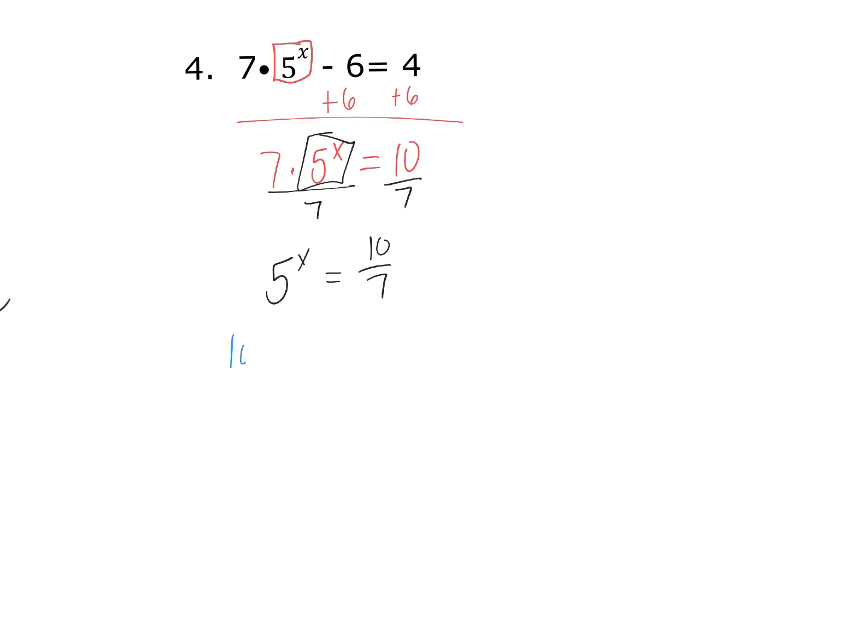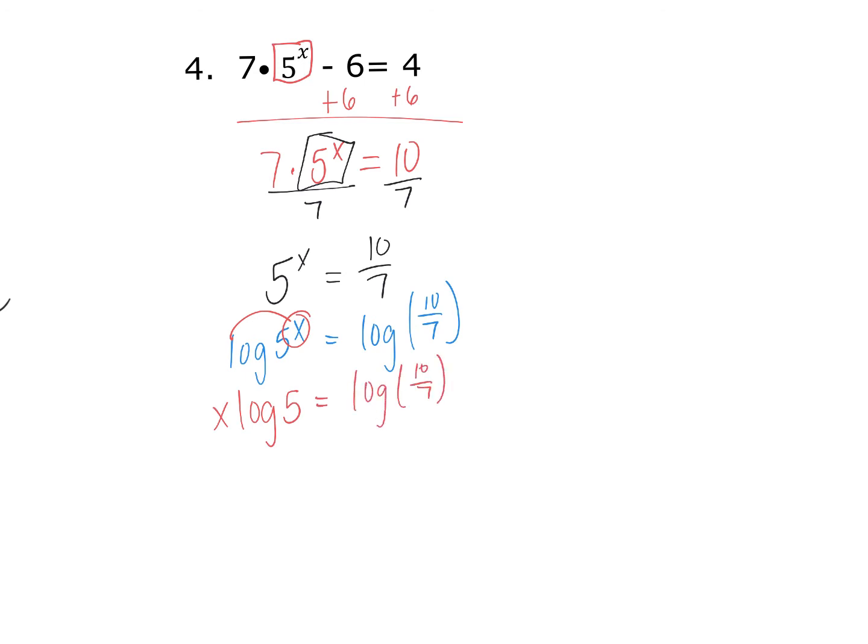So I can take the log of both sides now, keeping this as a fraction. Once I take the log, my exponent can drop down. So now I have x log 5 equals log of 10 divided by 7. Then, to get x by itself, I'm just going to divide by log of 5.